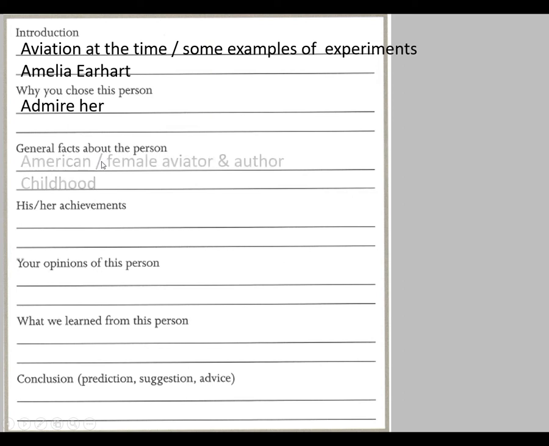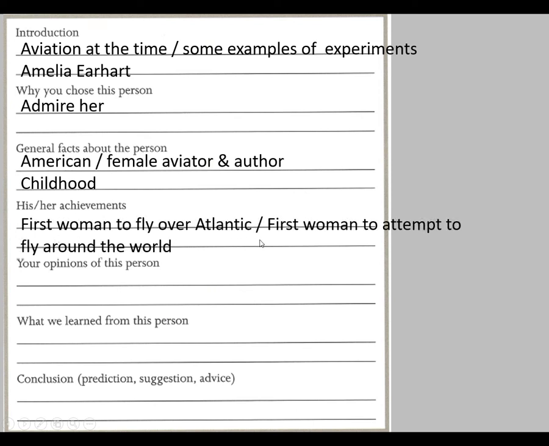Some general facts: American female, and I will give you some information about her childhood. Achievements, what she has done, some information here, my personal opinions, and what we learned, and I will make a conclusion at the end.